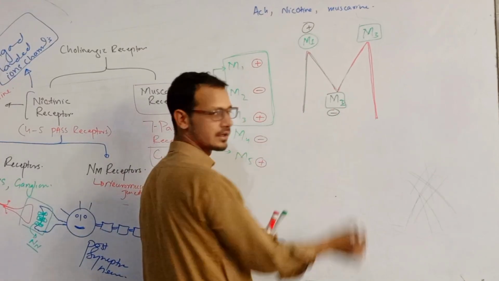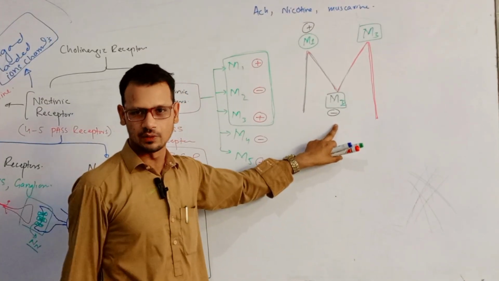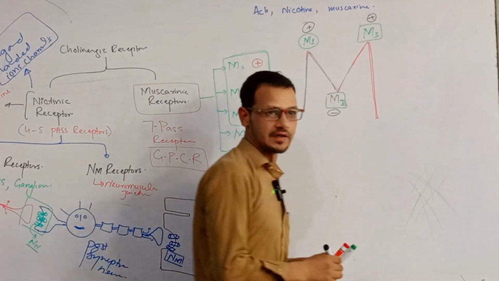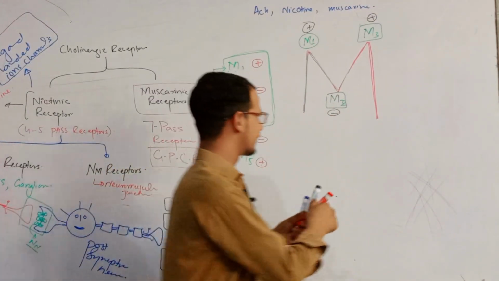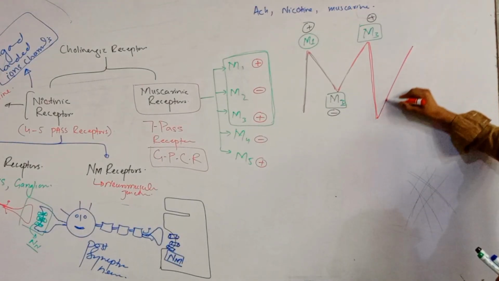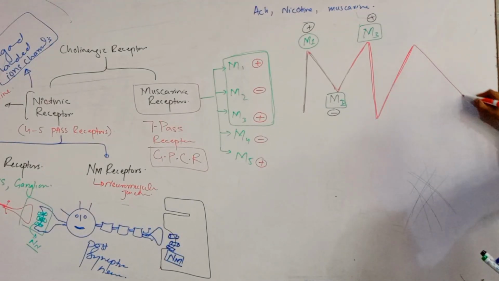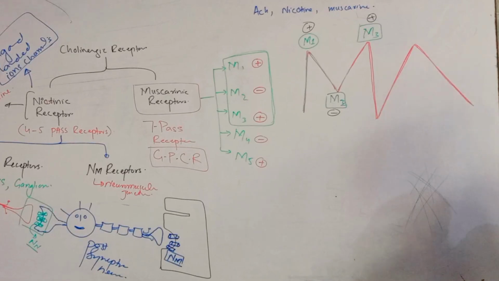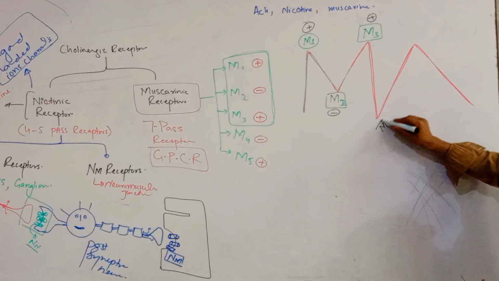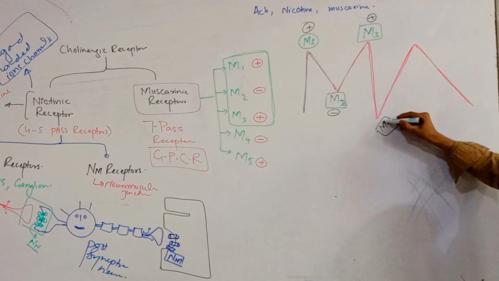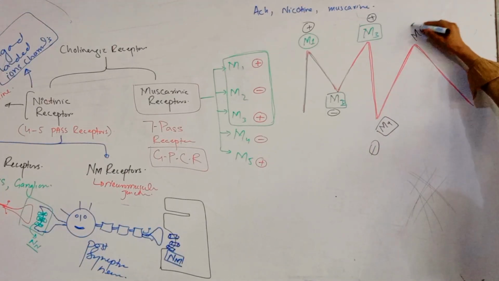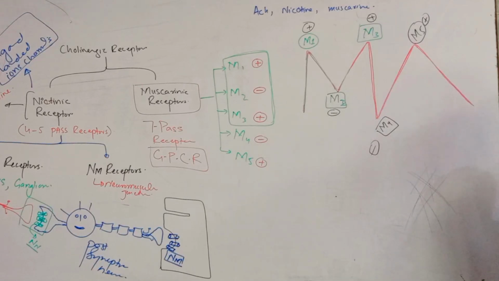The one below is lowering down the activities, so it is inhibitory, and this one is stimulatory. And if we make another one here, like this, we have the M4 receptor, it is below, so it is inhibitory, and this is M5, it is stimulatory, right?